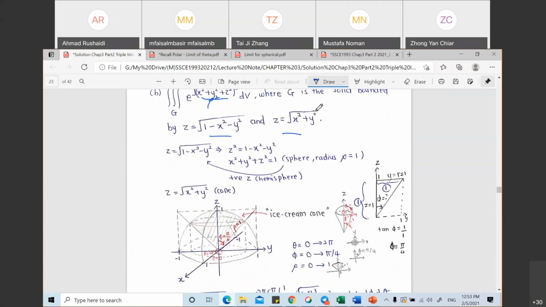This is like a cone, I think, because when you square both sides, it is a cone. So cone and hemisphere will become an ice cream. If we draw this, we will get a positive cone, so no need to draw the bottom one, and the hemisphere because it is the positive square root.